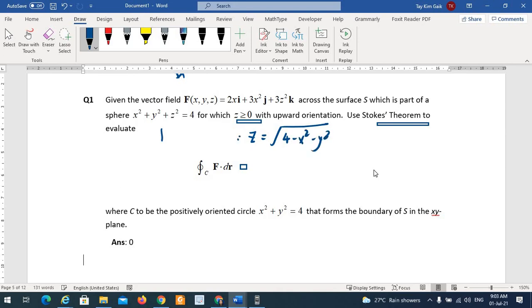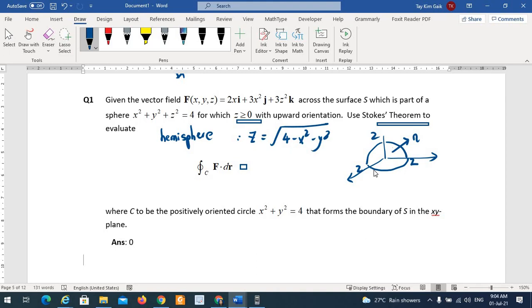Half of the sphere, a hemisphere. Upward orientation means the unit normal vector of the hemisphere is oriented upward. The radius squared is 4, so the radius is 2 units. The unit normal vector is pointing up.